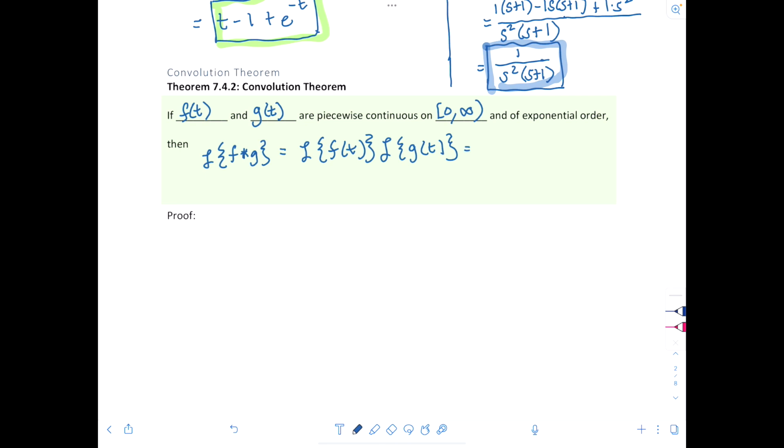Of course, if you write it this way, it would be capital F of s times capital G of s.